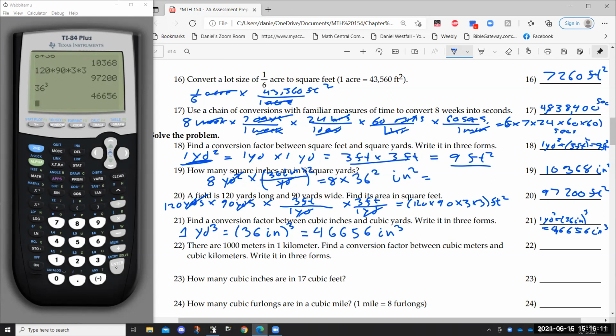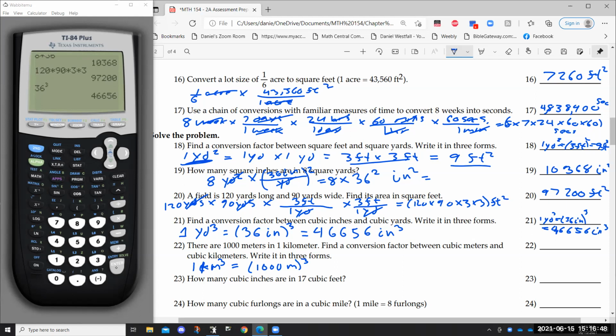All right, there are 1,000 meters in a kilometer. Find a conversion factor between cubic meters and cubic kilometers. So I'm going to say that the cubic kilometer is going to be bigger. 1 kilometer cubed is going to be, and then there's 1,000 meters in a kilometer, so it's going to be 1,000 meters cubed.